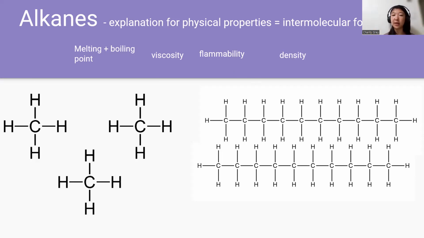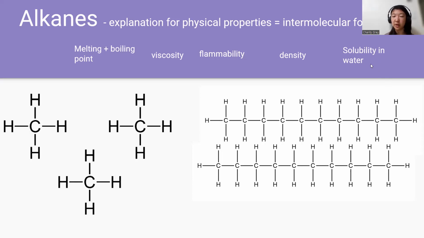And then you have density. Density is really how heavy it is in water or in other liquids. So in liquid form, how heavy is this? So if you put liquid methane on top of liquid decane, which one would float and which one would sink? If you put oil on top of water, the oil would float in a layer above the water, and the water would be in a layer below the oil.